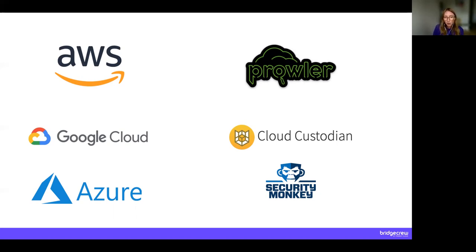Cloud Custodian and SecurityMonkey are two other examples of open source tools that give you monitoring of your runtime environment. At Bridgecrew, we leverage Prowler to get that runtime visibility. These are just a few. There's lots of other independent and corporate sponsored tools like CloudMapper, CloudSploit, Hackbot, a bunch of other ones.